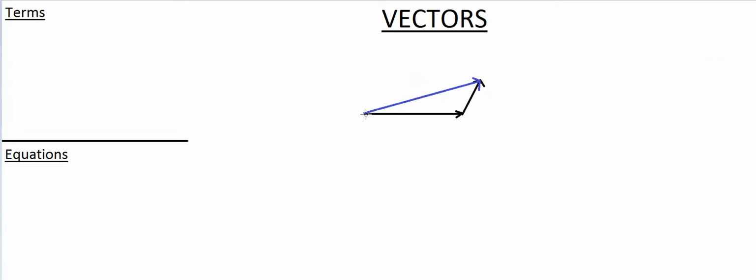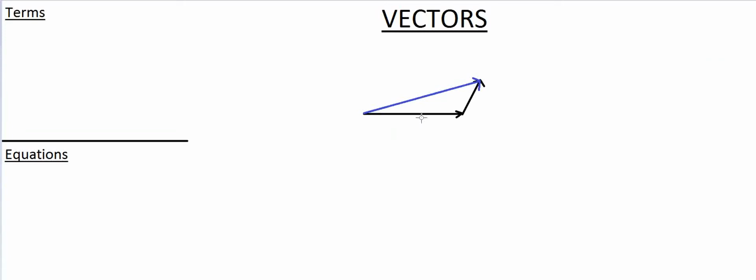So you measure the length of this. If you know the length of these two, and assume they are drawn to scale, using that scale you can also measure the magnitude of this vector.